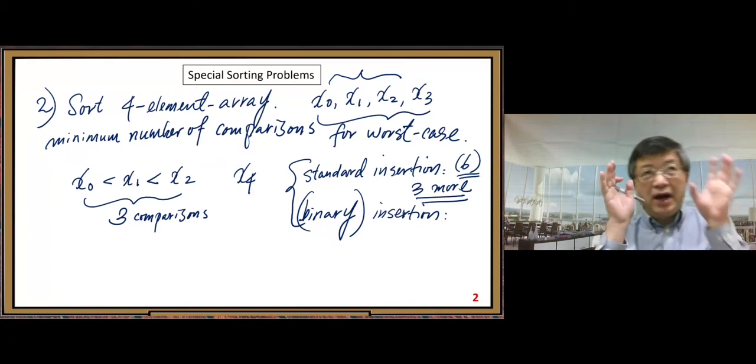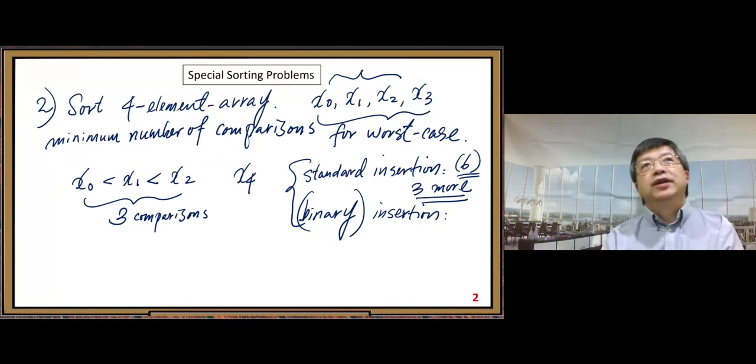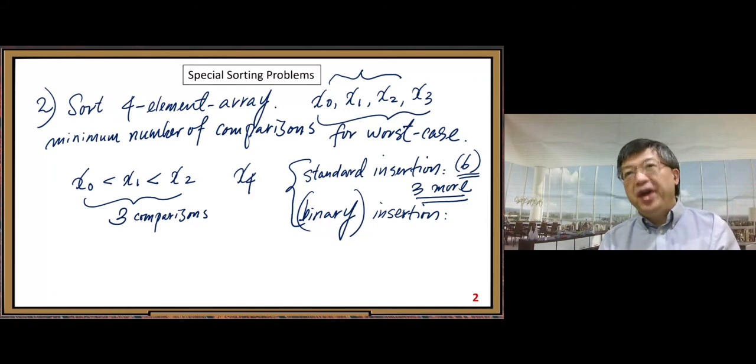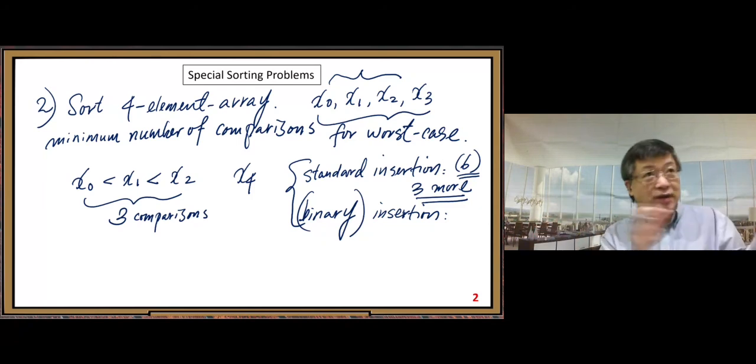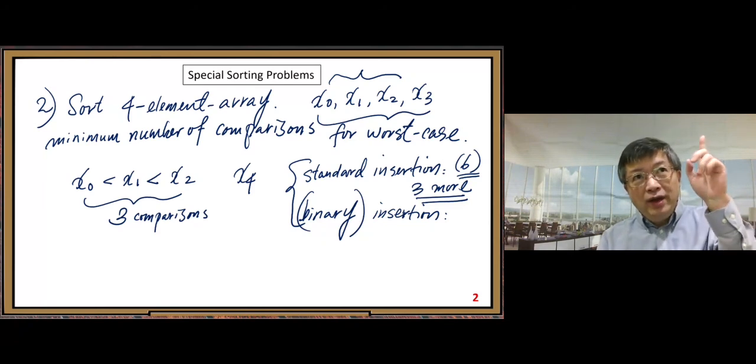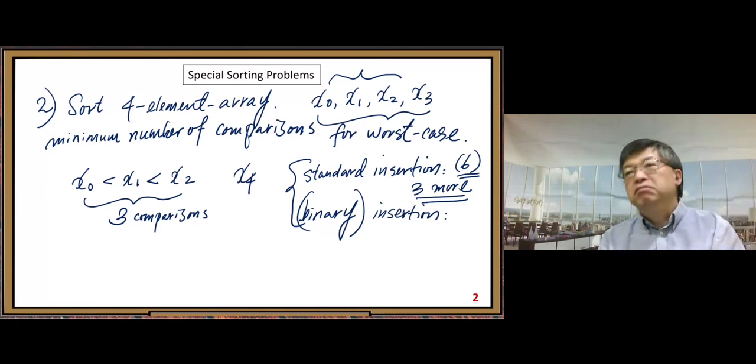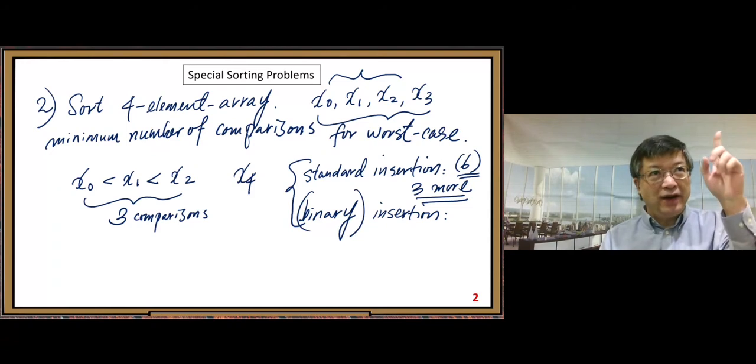Let's go back to our discussion at the beginning. This time, because the number of elements is small, 4, we do not need to worry about the shifting operation, right? Why we don't need to do shifting? In that way, we can choose binary search to save some comparisons.